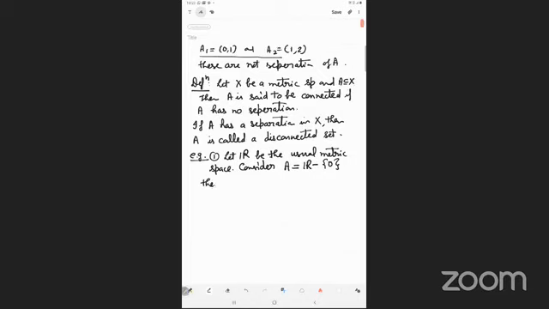Then we have A1 as this, and A2 is this one, such that A1 union A2 is equal to A, and obviously A1 intersection A2 is equal to phi.